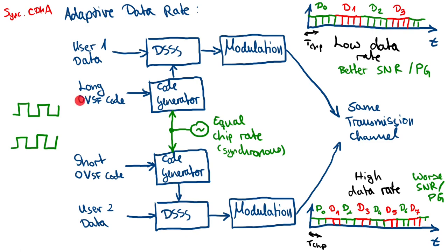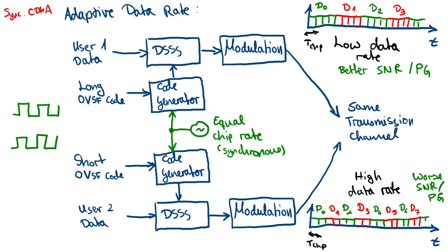But again, this code only works for synchronous CDMA. If you have an asynchronous CDMA, so the chip rate is not equal for 2 users and the code sequence is not aligned in the time domain, you cannot use the orthogonal variable spreading factor code tree, because then the cross correlation will not work.